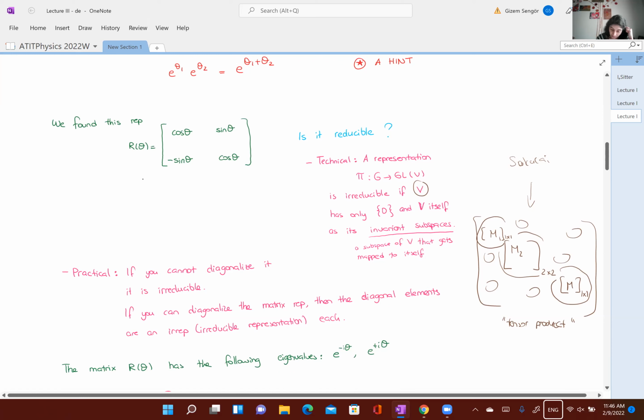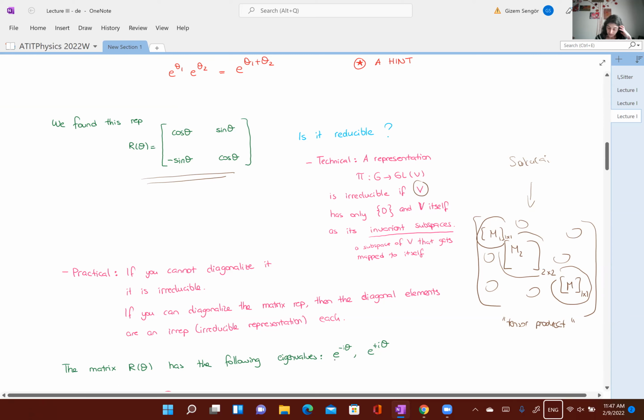Now, this rotation matrix we have at hand, to diagonalize it, that means finding its eigenvalues and eigenvectors, and using the eigenvectors, you can diagonalize the matrix. And in the end, it will have its eigenvalues at the diagonals. Now, you can calculate the eigenvalues for this rotation matrix we wrote down.